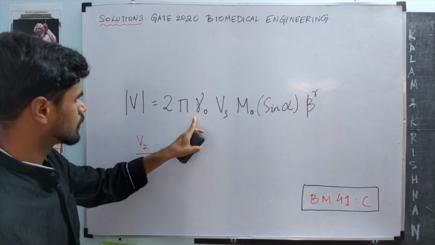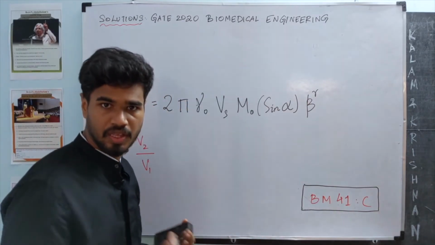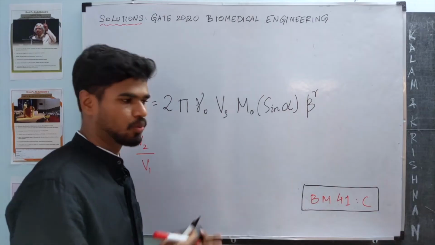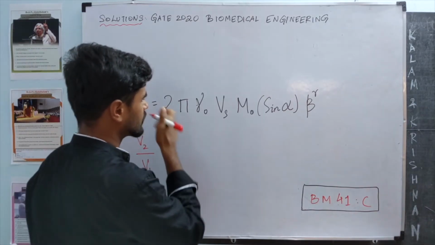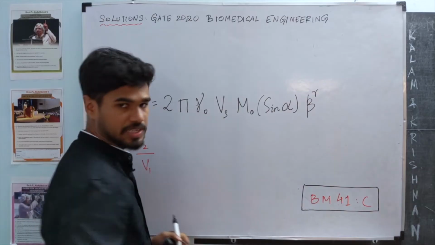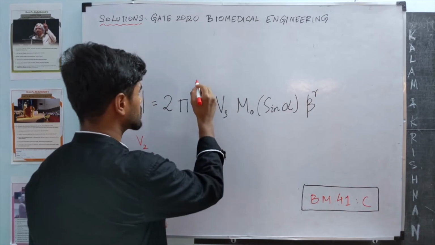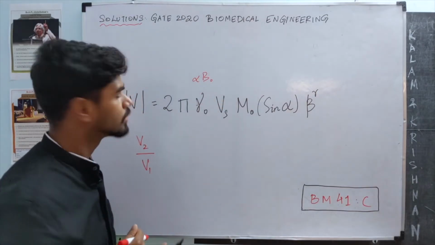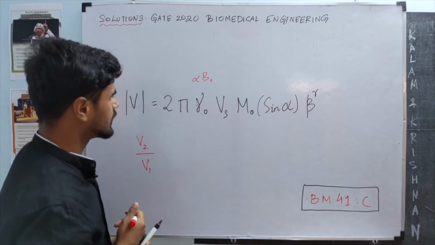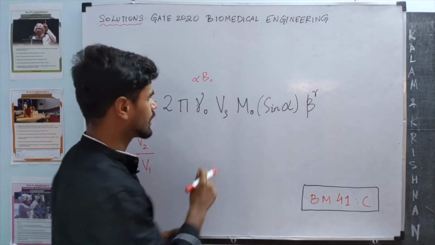Okay, so let's look at how each of these terms get affected because of varying the 1 Tesla machine to a 3 Tesla machine. Okay, so we know the Larmor frequency depends on the amount of external magnetic field. So this depends on whether it's 1 Tesla or 3 Tesla. Then they say the slice volume is half, right?